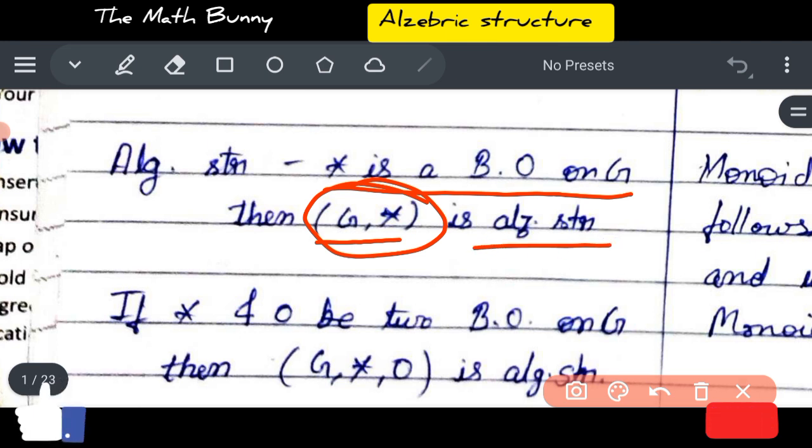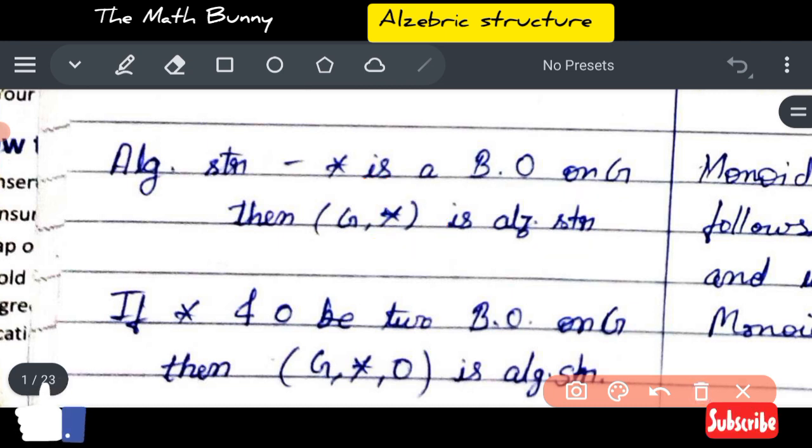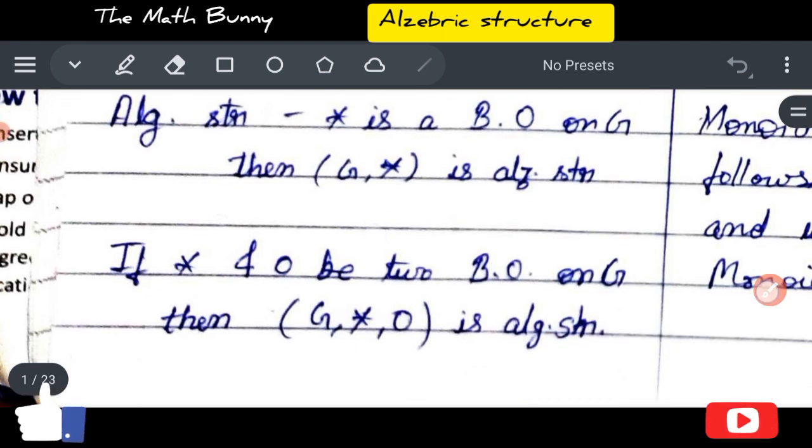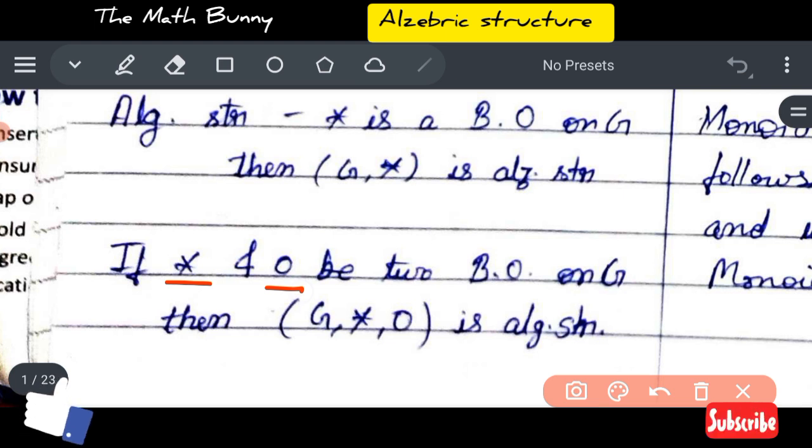But in another way, you may get this type of structure, say star and O. If you take star as plus, then you will have to take O as minus, divide or multiply, other than this.